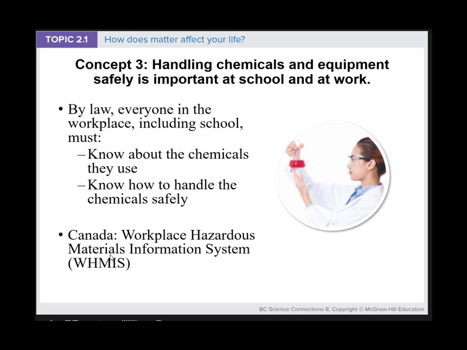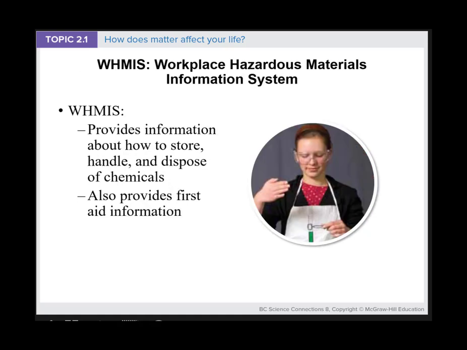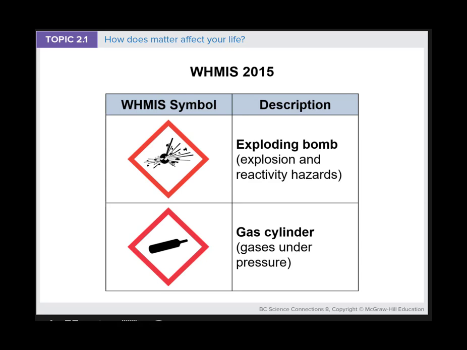It says Workplace Hazardous Materials Information System, WHMIS. WHMIS provides information about how to store, handle, and dispose of chemicals. Also provides first aid information. Okay, so we're going to quickly review again some of these terms. The WHMIS symbols.